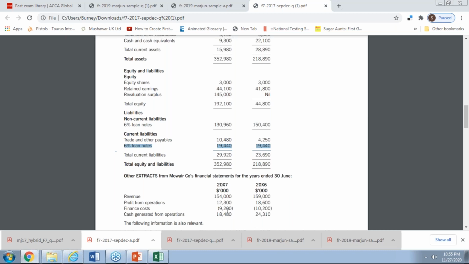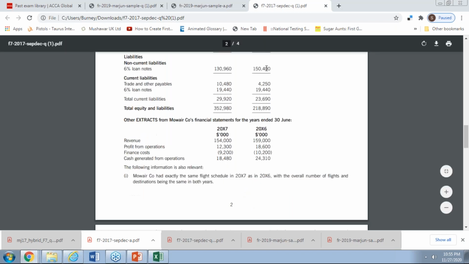The second most important thing is the company has to pay a minimum interest of 9,200. So on an overall basis, your liability is 19,440 plus 9,200, which is approximately 27 to 28,000, the figure that you have to pay for the loans. But from the operations, you are only earning 18,000. So you are in a negative deficit. That's why you can see that the cash flows of the company are decreasing over the time period.